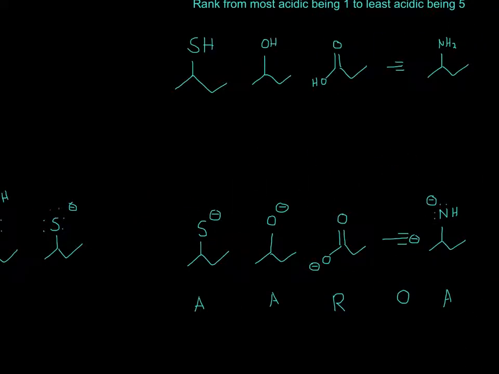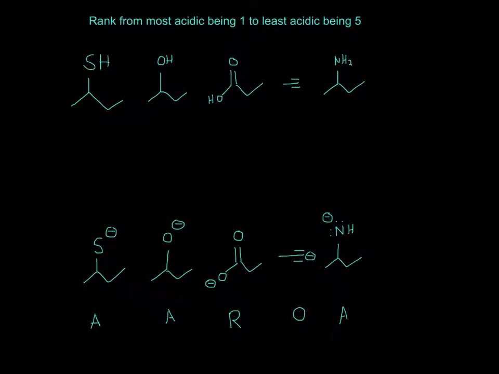So now we just label everything we know. For this one, we take away the proton, and then we have a negative charge on the oxygen. For this one, notice how there's a double bond right here. The negative charge can go right here, form a double bond, and this double bond can go up and form a negative charge.